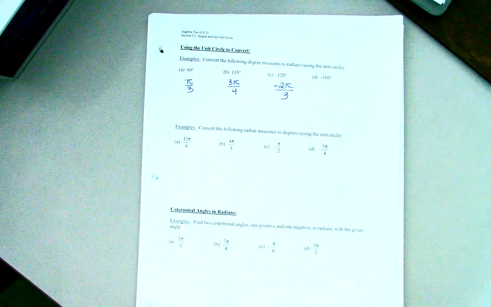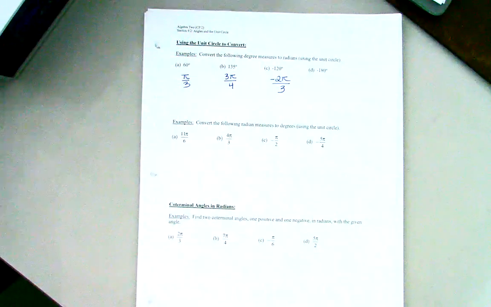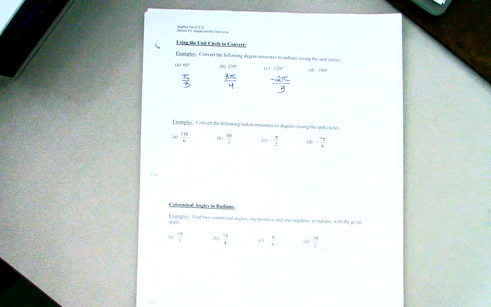Do D very quickly, and then I feel like you don't need explanations for the next 4. I think you can figure those out on your own, the ones in radians that we're going to degrees on.